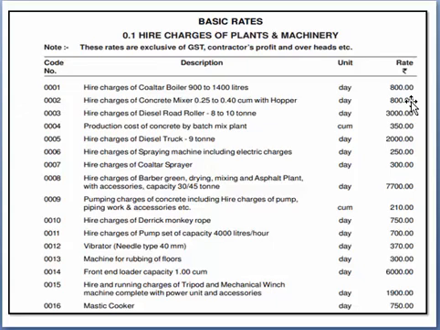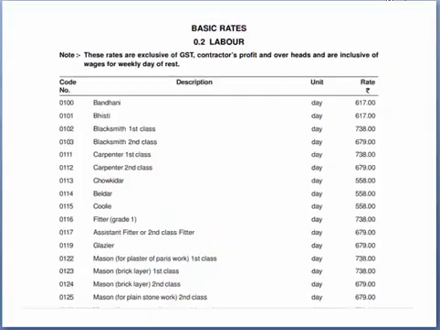We are considering only the 8-hour work as per the government agencies. So this is the rate for 8 hours. If you are using the coal tar boiler of 900 to 1400 liters, you will get that boiler for 8 hours and you will need to pay rupees 800 as per the government agencies.